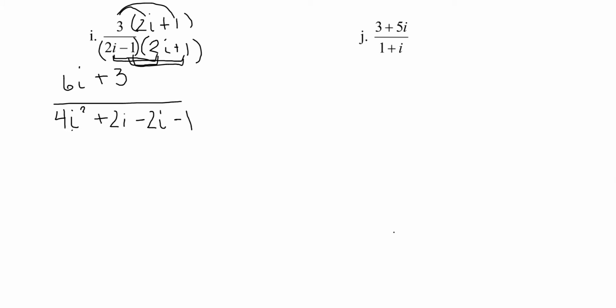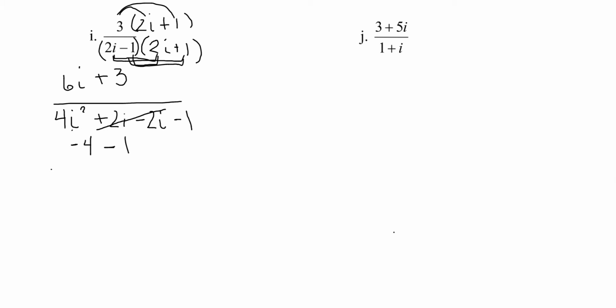And the nice thing here is those middle terms, 2i and negative 2i, equal 0, so they cancel out. And I also know that 4i squared is negative 1, so 4 times negative 1 will give me negative 4. And I still have my minus 1. So my denominator is going to end up being a negative 5.